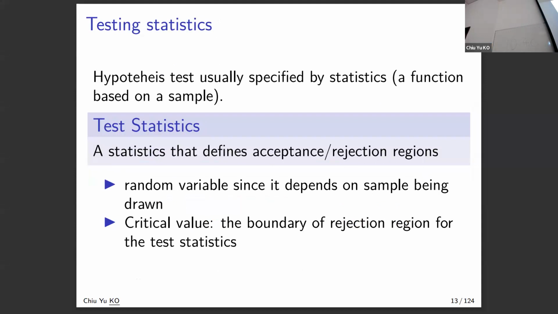Besides defining the null hypothesis and the alternative hypothesis, based on them you define one thing that's a key for this class, and for the rest of the other classes as well, called the test statistic. This is the statistic that we use to make the decision.